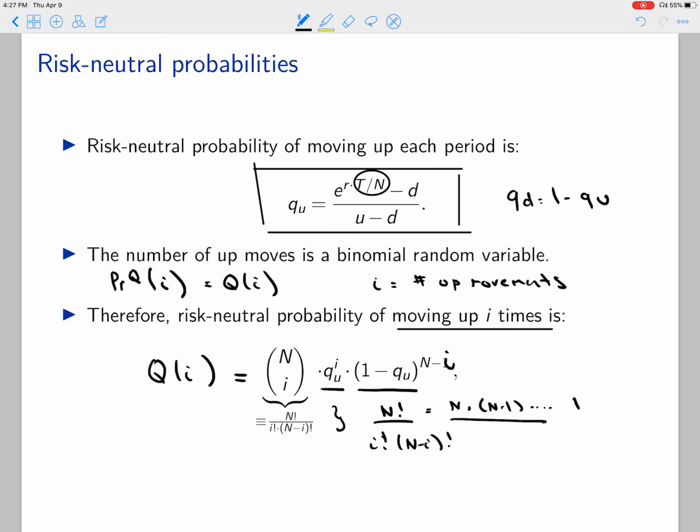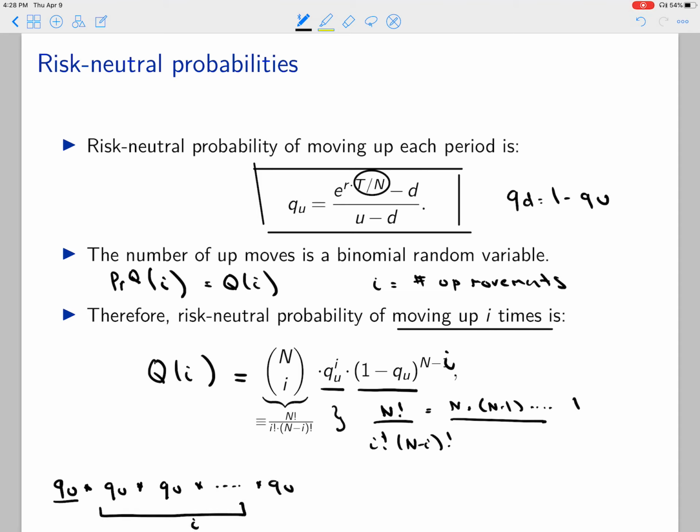Think of this more concretely. Say, for example, we'll work through computing the probability of moving up I times. So think of the risk-neutral probability of moving up exactly I times in a row to highlight the intuition here. The probability of moving up exactly I times in a row is just QU, the probability of moving up once, times the probability you move up again, QU, times the probability you move up again, QU, all the way out to QU, I times.